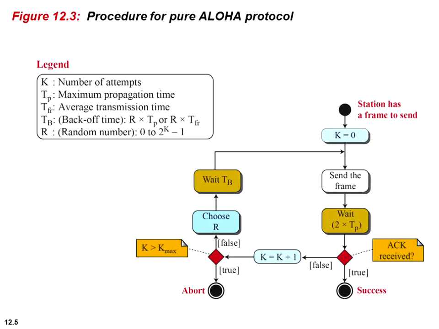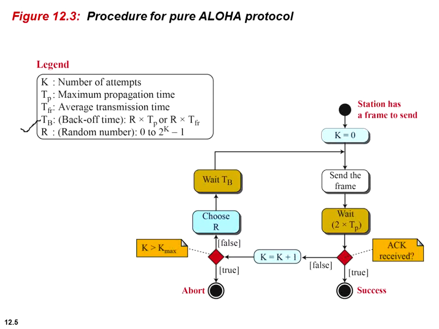So pure ALOHA dictates that when the timeout period passes, each station waits a random amount of time before resending its frame. The randomness will help avoid more collisions, and we call this time the back-off time, that is TB, back-off time.